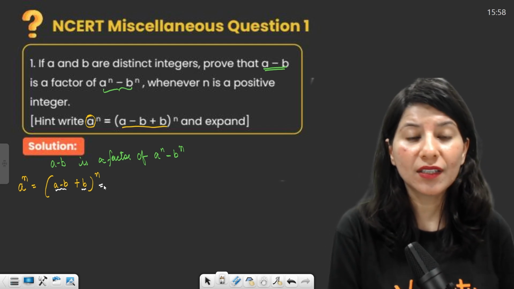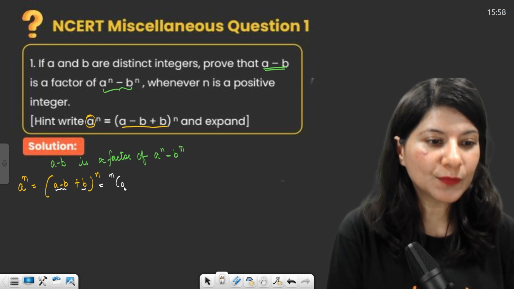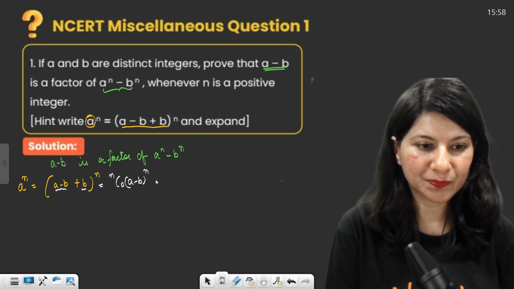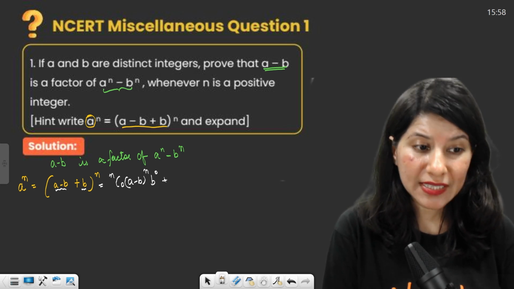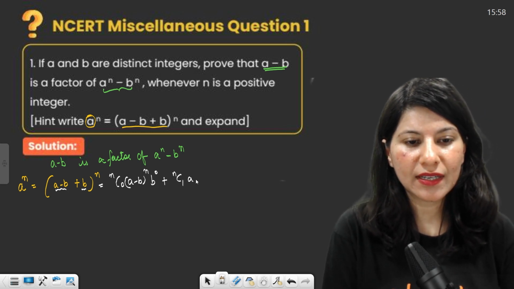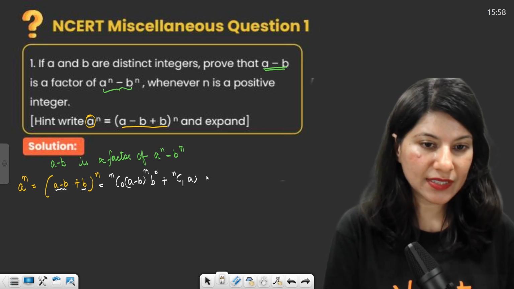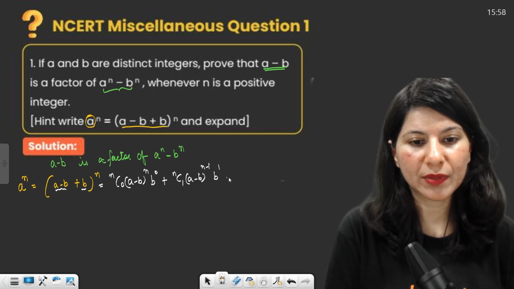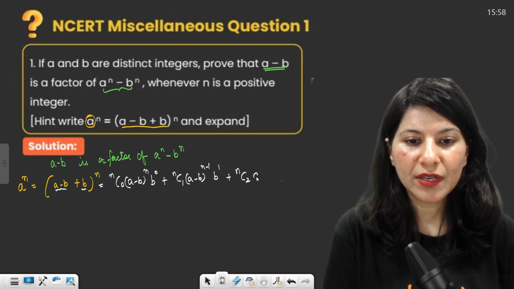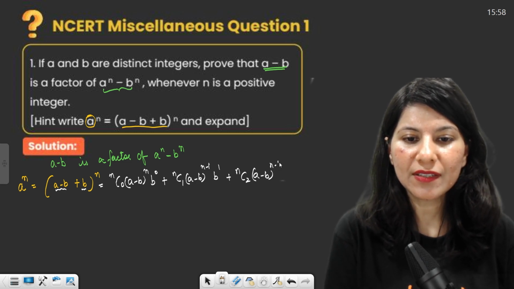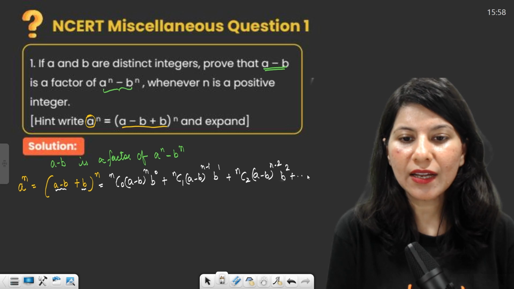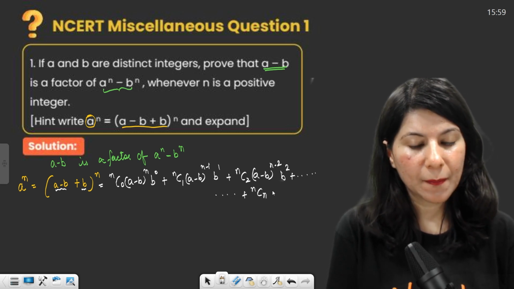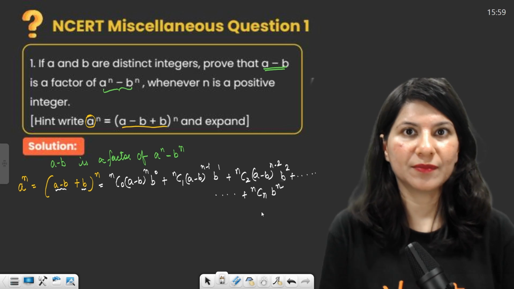Now expand. So this is nC0 (a minus b) raised to power n b raised to power 0, plus nC1 (a minus b) raised to power n minus 1 b raised to power 1, plus nC2 (a minus b) raised to power n minus 2 b squared, and all the way up to the last term, nCn b raised to power n.